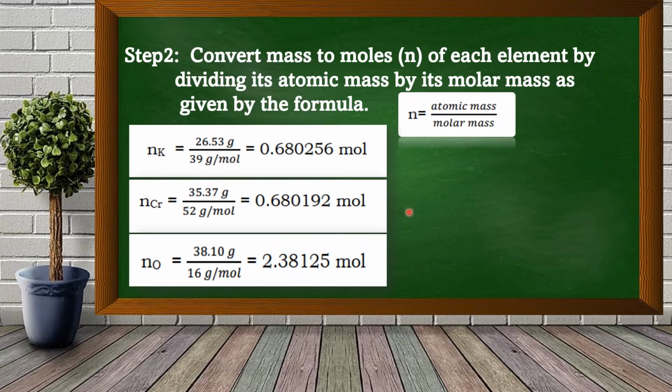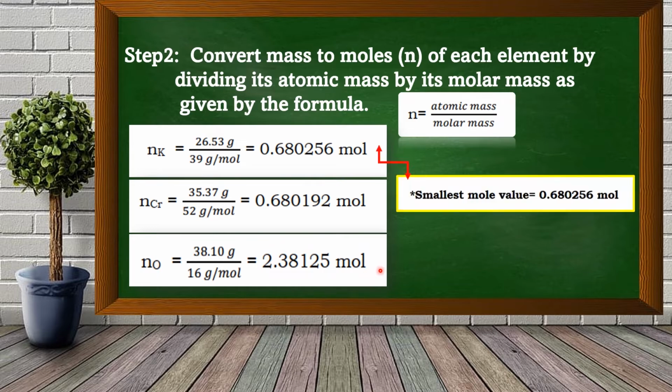So as shown here in my computation, I just divide the atomic mass of potassium, chromium, and oxygen with its molar mass. And then, I have now its mole equivalent. Take note of the smallest mole value, and that is 0.680256 mole.